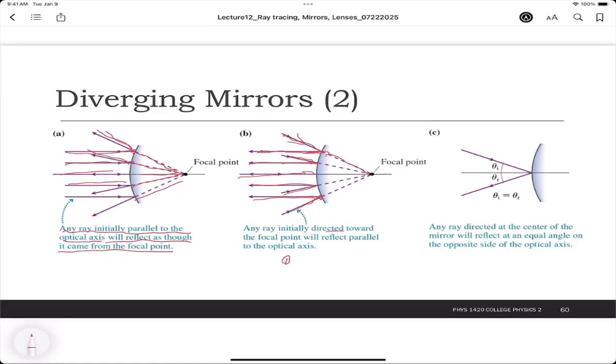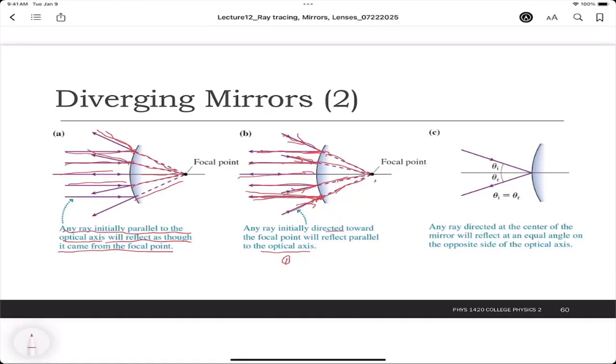This is just an incident ray, and if you extend this incident ray, it seems to go toward the focal point, and then it will reflect parallel to the optical axis. Yeah, this is the second type.